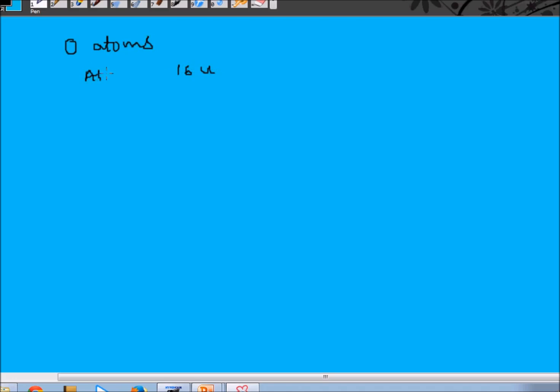Alright, and I know that 1U is nothing but 1 by Na gram. So atomic mass of oxygen when represented in grams is 16 divided by Na grams. Now this is the mass of one single atom of oxygen.